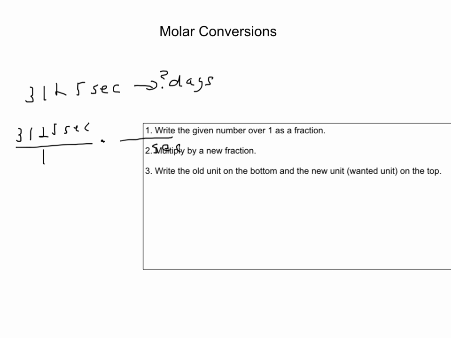But we may not know how many seconds are in a day. So instead of converting to days, I'm actually going to convert to minutes. What I can then do is repeat step 3, putting the old unit on the bottom, the new unit on top, and maybe I don't know minutes and days, but I know minutes and hours.